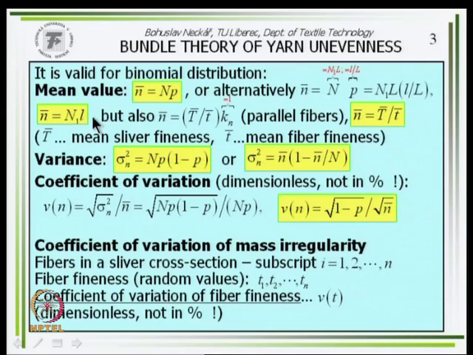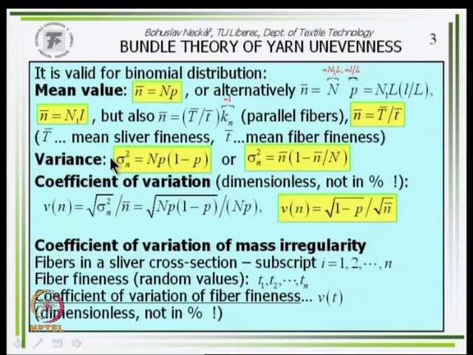But also we know from earlier lectures that the number of fibers in cross section is generally capital T over small t times Kn, the count, or better the fineness of our bundle by the mean fineness of fiber, times our known Kn factor. Because the fibers are parallel, Kn must be equal to 1, so that n bar is capital T by small t, both bar.